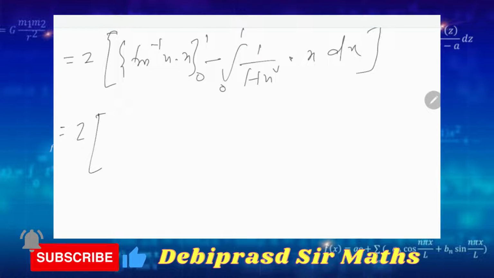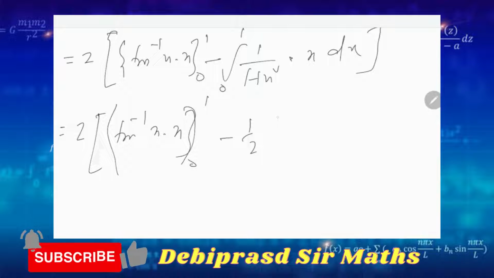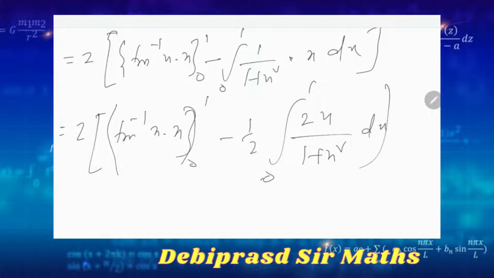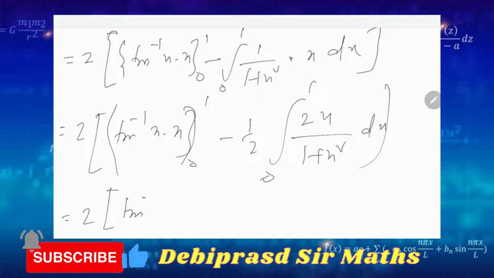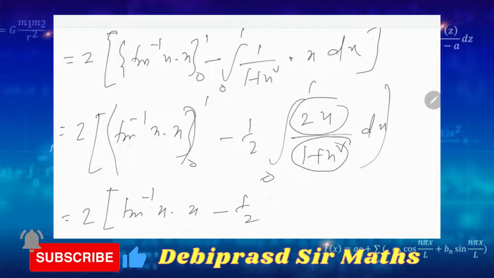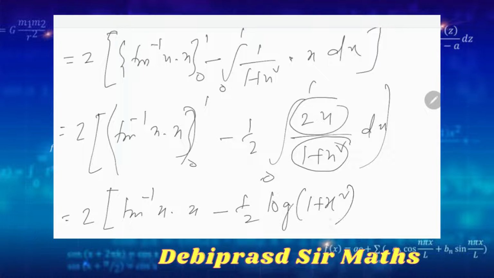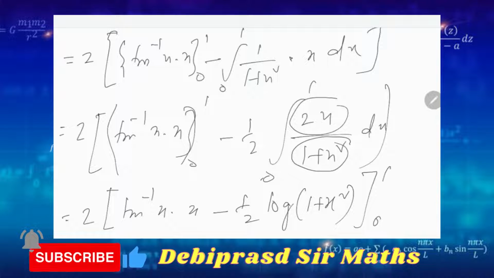So this is 2 tan inverse x into x, minus 1 by 2, integral 0 to 1 of 2x by 1 plus x square dx. So I can write 2 times tan inverse x into x minus 1 by 2, 2x here, 1 plus x square. So directly we can write log of 1 plus x square, from 0 to 1.